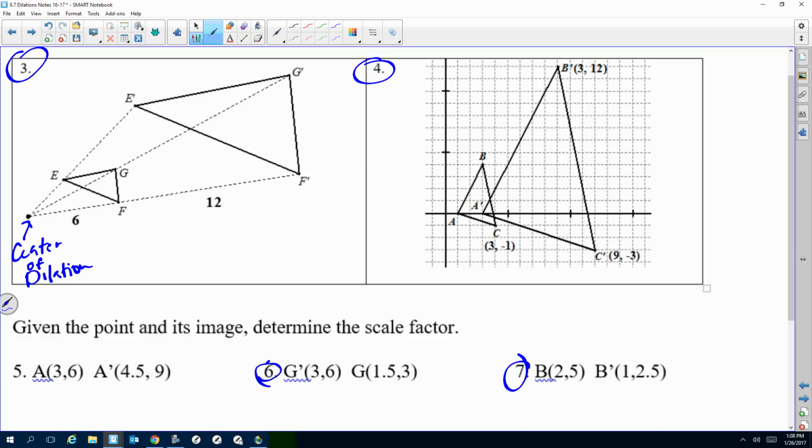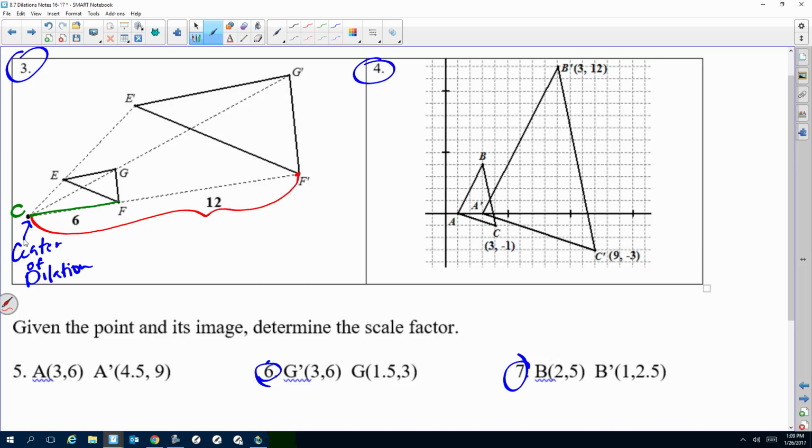So please pay attention so you don't miss this type of problem. The distance from our center of dilation has to remain proportional. So if I'm looking at, let's say I give this center C, okay? The distance from C to F, the pre-image, is 6. Everyone agree with that? Okay, so then when I dilate it, the distance from C to its image F prime is not 12.